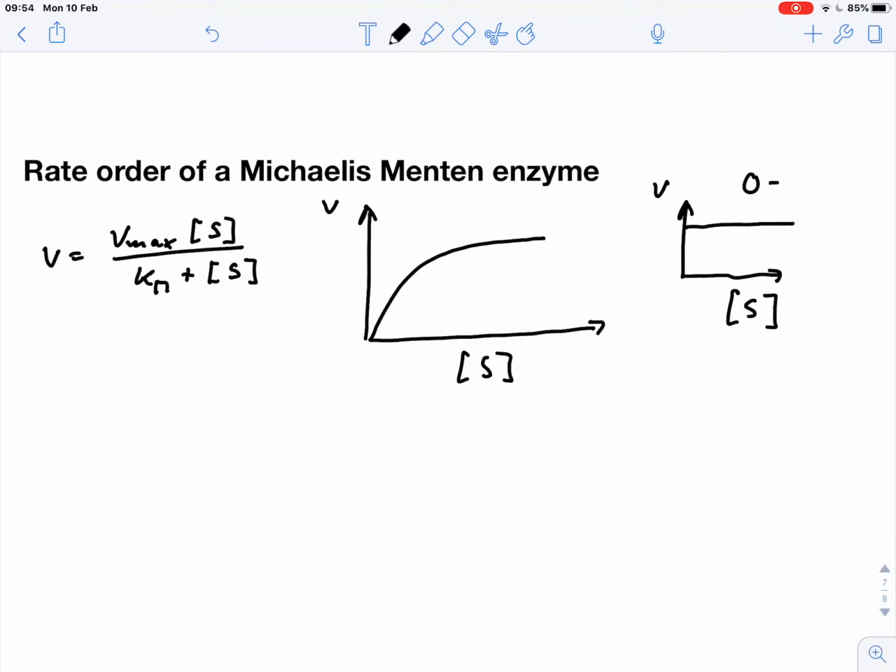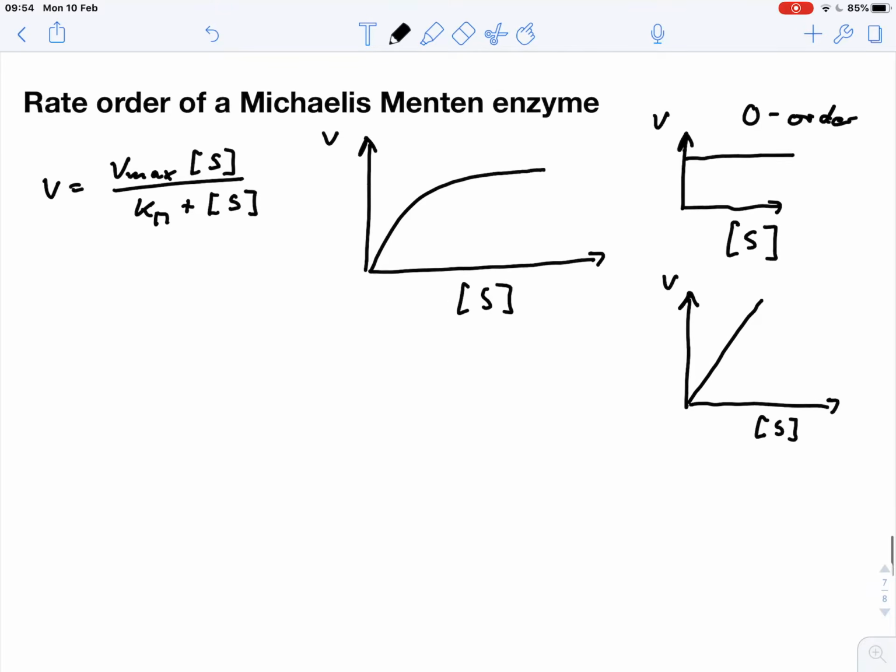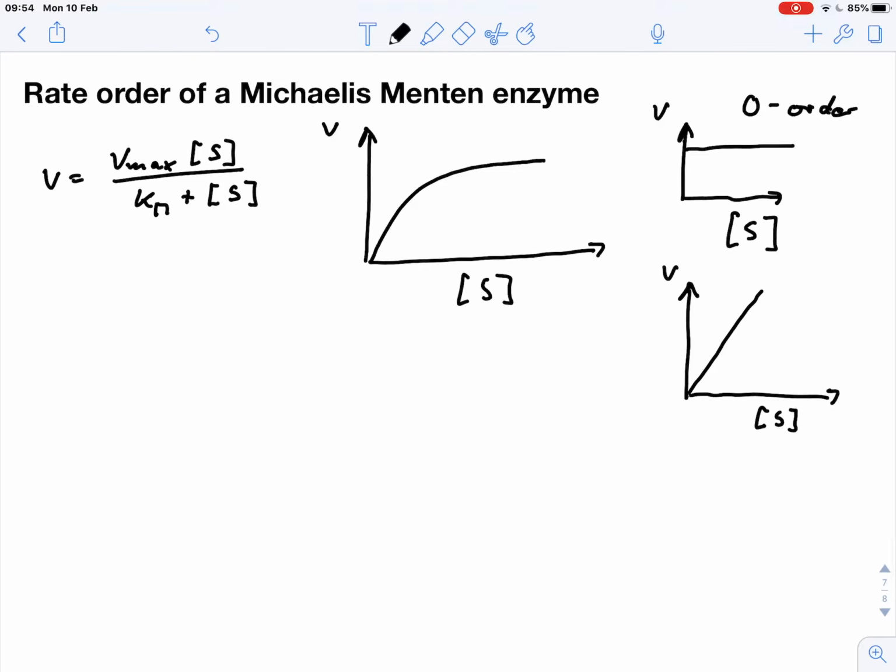So that would be a zero order. If we had a first order reaction, we would find that there was a strict linear correlation between substrate concentration and the rate. And it seems that the Michaelis Menten enzyme does some very strange things. So let's see how we can deal with that.